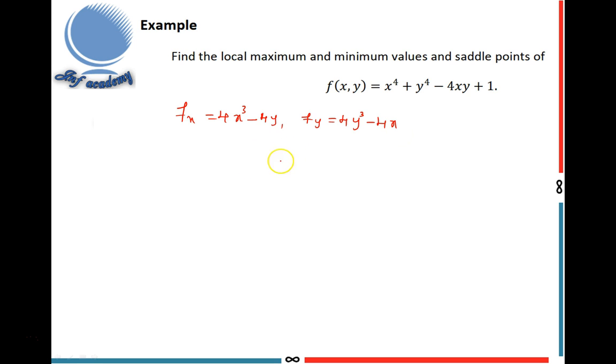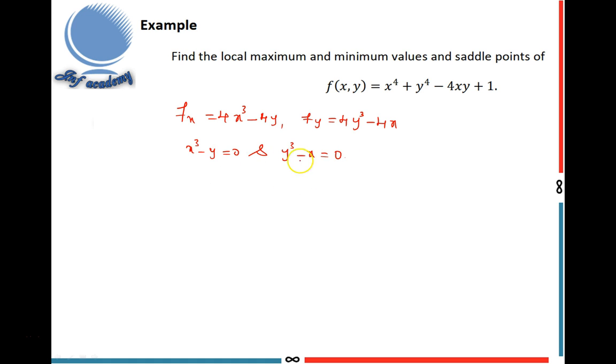Setting these partial derivatives equal to 0, we obtain the equations: taking 4 outside, x³ − y = 0 and y³ − x = 0.